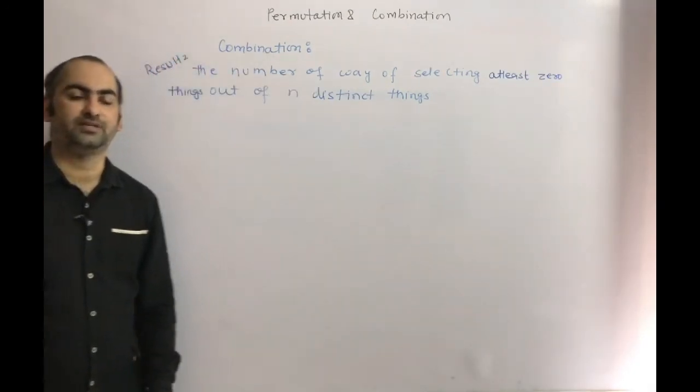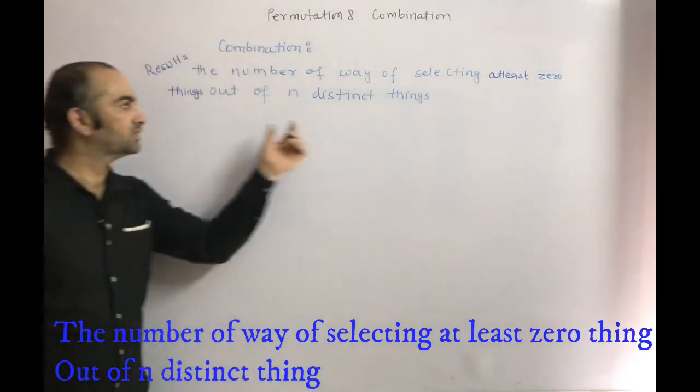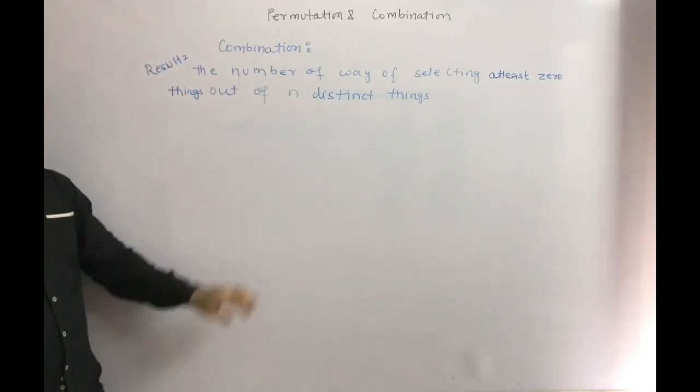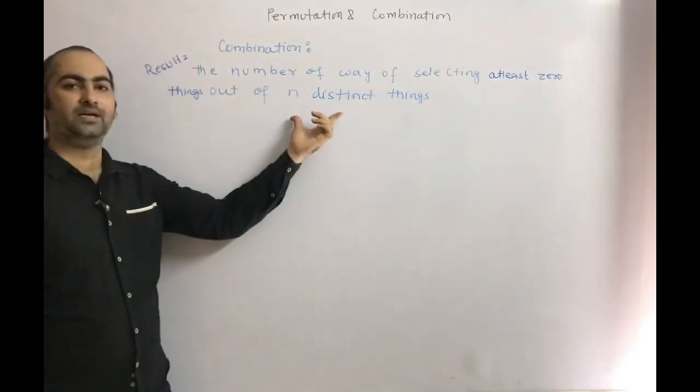The next result of combination is the number of ways of selecting at least 0 things out of n distinct things. In this one we want the total number of ways of selecting at least 0 things out of n distinct things.